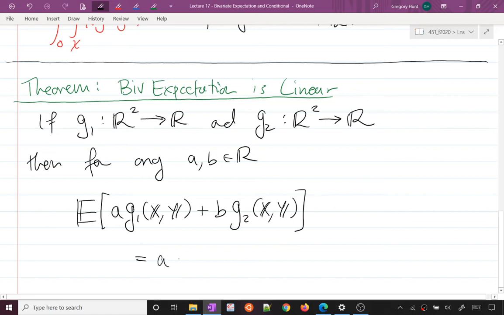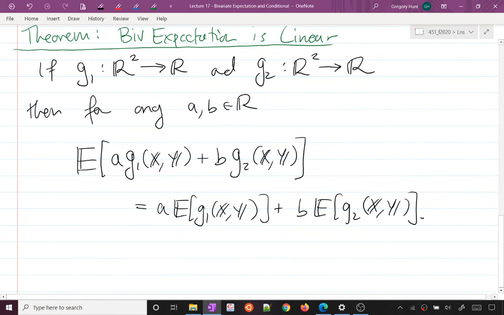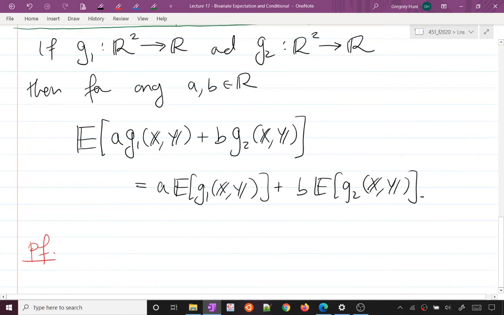So it is a times the bivariate expectation of g1 plus b times the expected value of g2(x,y). And this theorem looks pretty familiar. We had similar theorems in the univariate case, and the proof of this is not so bad.